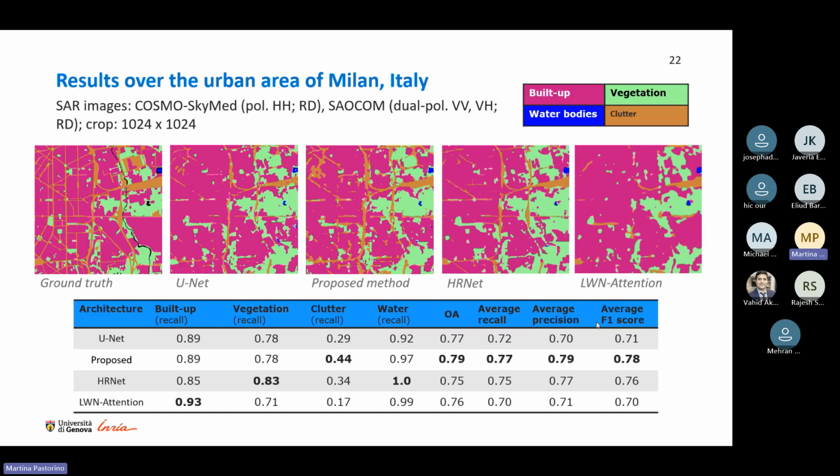So these are the results obtained on this dataset with our PGM-based method compared with some baselines, for example, the UNet without the PGM, HRNet, which is a network that uses some subnetworks to model multi-resolution information, and then a multi-resolution network with attention layers.